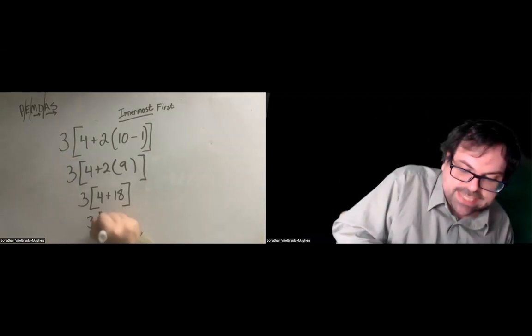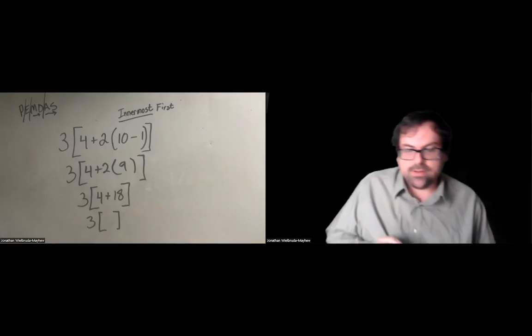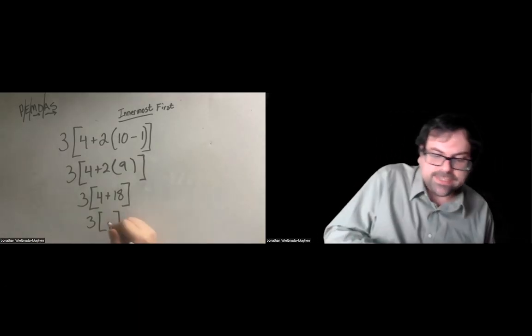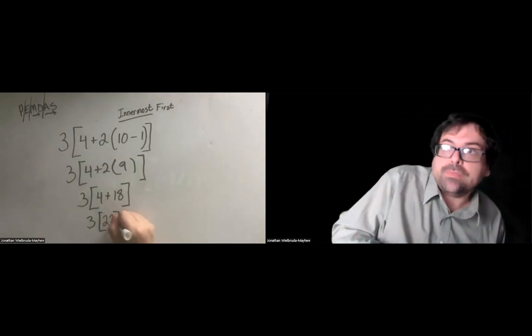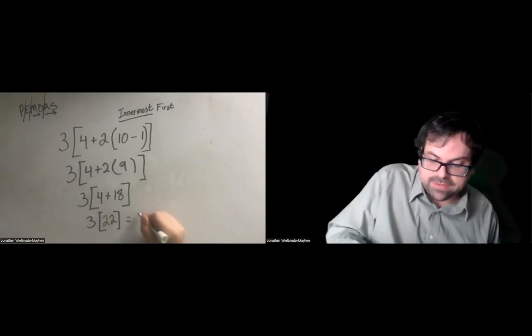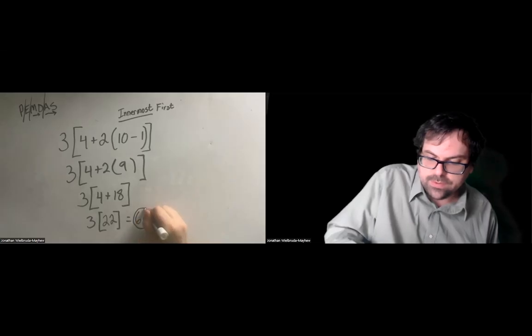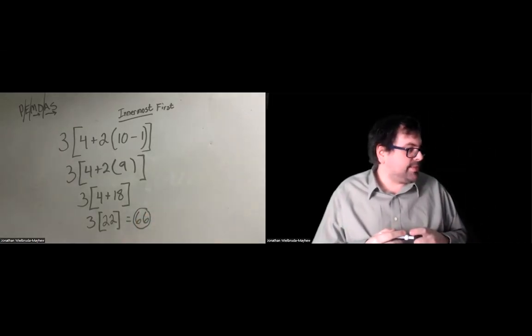So this is 3 times 4 plus 18 is 22. 3 times 22 is 66.